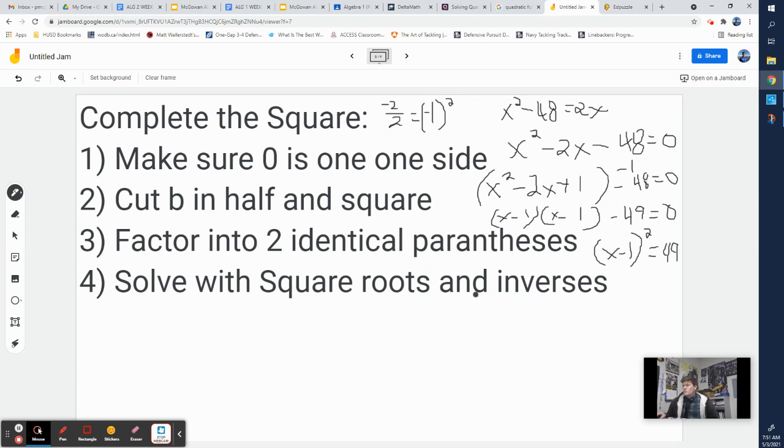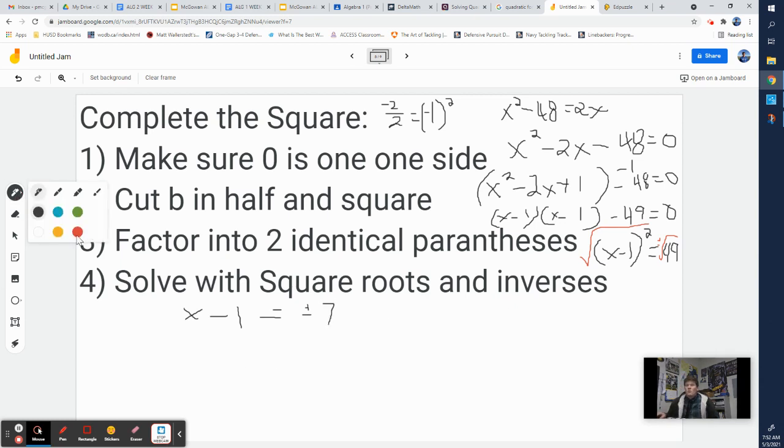Now I can solve with square roots and my inverses. So let's take the square root of this thing, which again, just like our square root method, makes this a positive negative case. So I get x minus 1 equals positive and negative square root of 49, which also works out nice because square root of 49 is just 7.